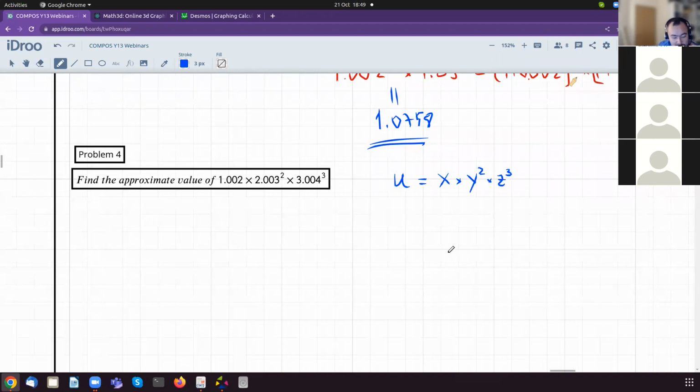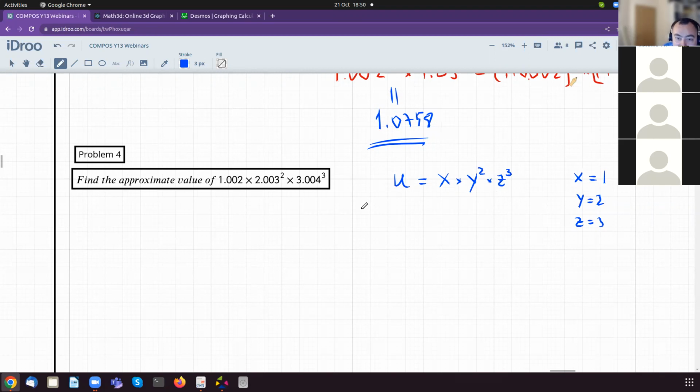We substitute x is equal to 1, y is equal to 2, and z is equal to 3, because 1.002 is approximately 1, 2.003 is approximately 2, and 3.004 is approximately 3.